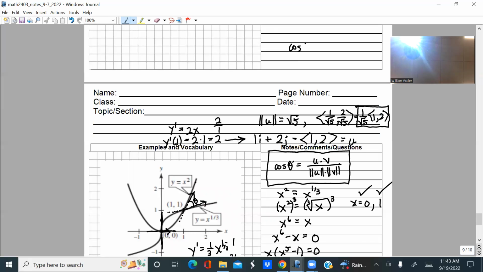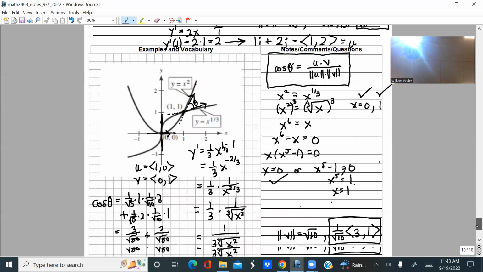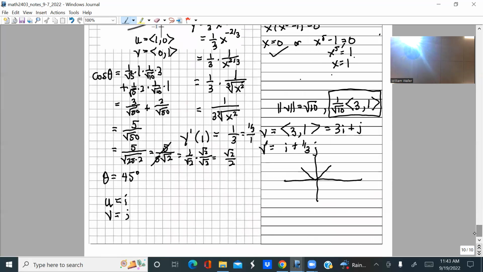So we have the cosine of theta is the dot product of I times J. What's the dot product of I times J? I is 1, 0, and J is 0, 1. It would just be 0.